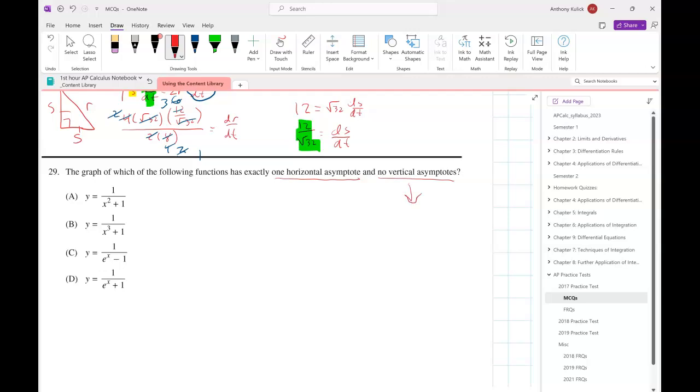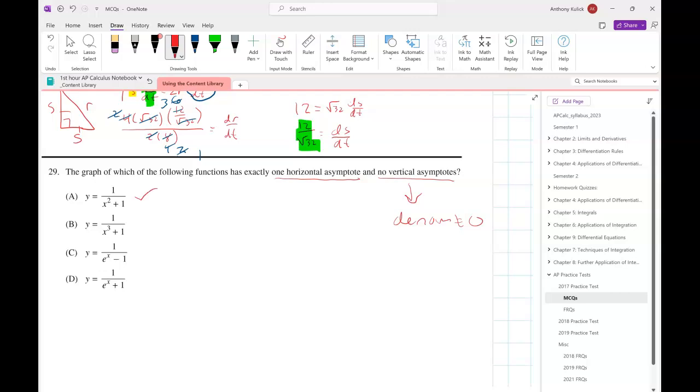Going back to Algebra 2, when do we get a vertical asymptote? Denominator equal to 0. So if there's no vertical asymptotes, what can I say about the denominator? Can't equal 0, right?